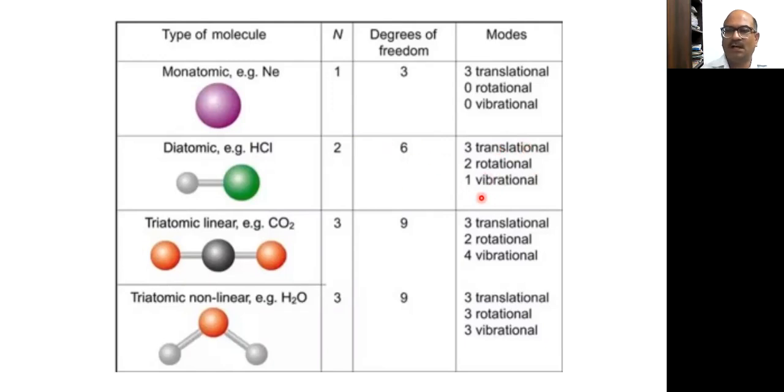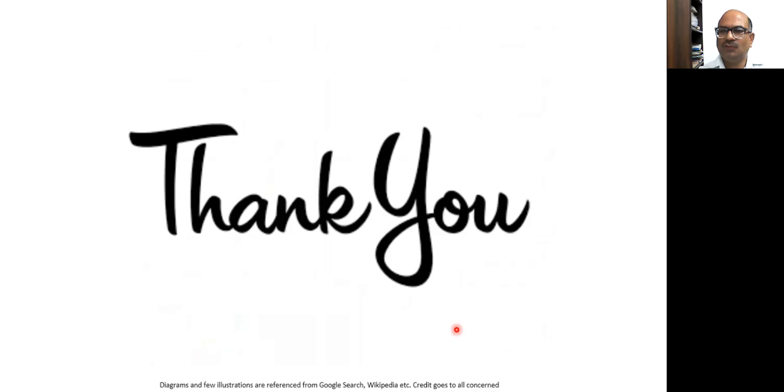So 3 translational, 2 rotational, and 1 vibrational degree of freedom will be available. For triatomic linear, there are 3 particles and 9 degrees of freedom: 3 translational, 2 rotational, and 4 vibrational. And if we have a triatomic non-linear, again it is 9, with 3 translational, 3 rotational, and 3 vibrational. This way we can calculate and find the degree of freedom.